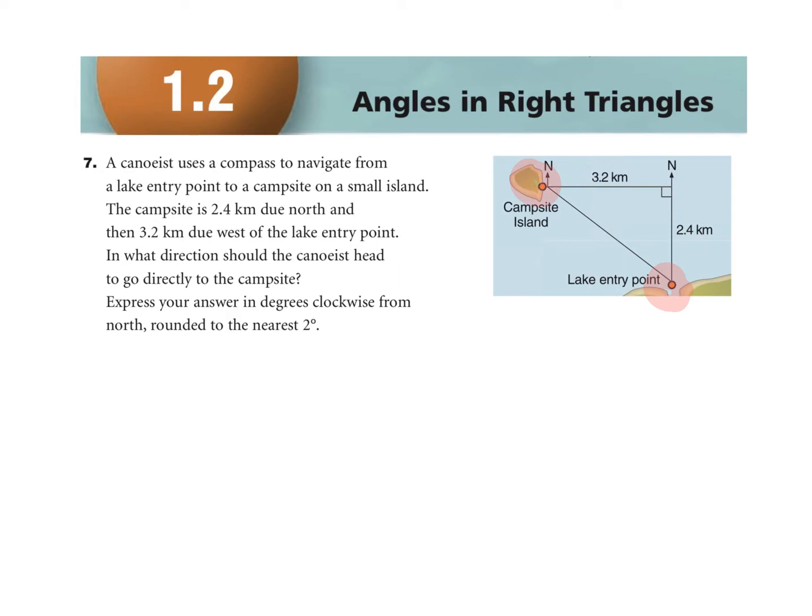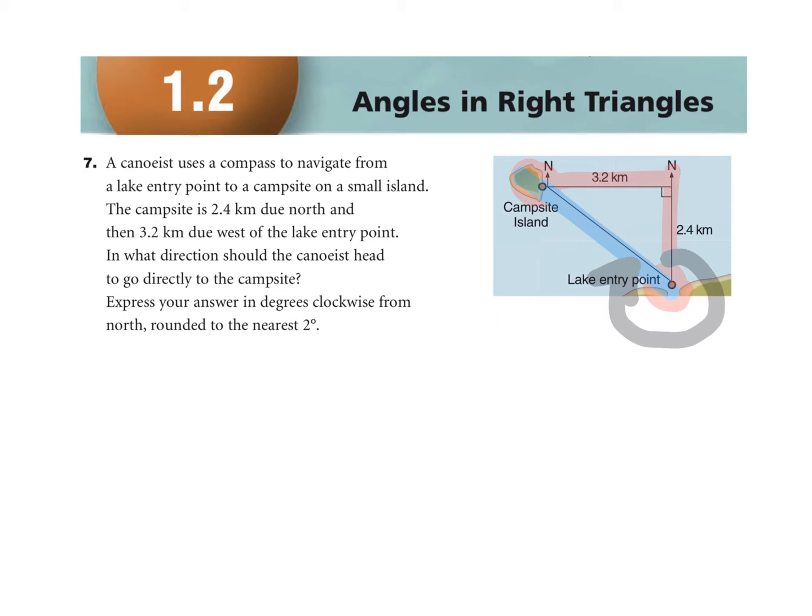The campsite is 2.4 kilometers due north and 3.2 kilometers due west. In which direction should the canoeist head to go directly to the campsite? So that would be this direction here. Express your answer in degrees clockwise from the north. So they're referring to this angle of rotation here.